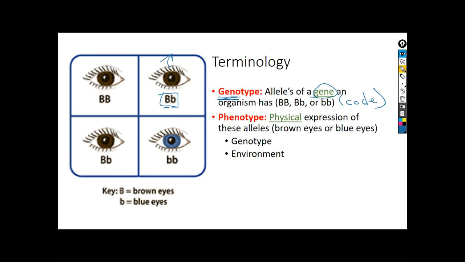So if I use my key down below, I have one dominant, one recessive. I know that dominant is a bully. We're going to cover up. I talk really loud. That means I'm going to have brown eyes. And that physical expression, the having of brown eyes, is my phenotype.